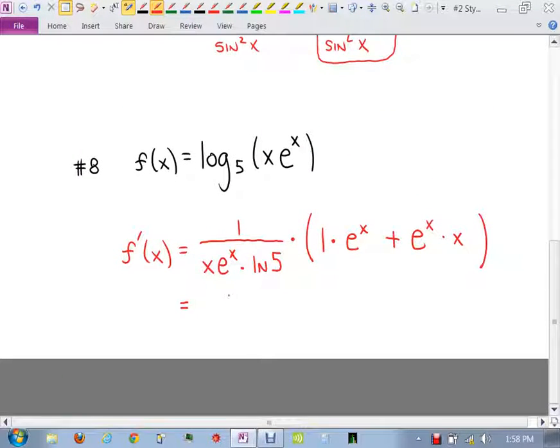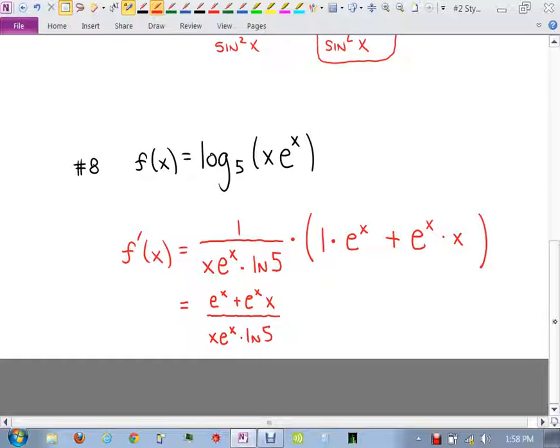Which is e to the x plus x e to the x all over x e to the x times natural log 5. Kind of running out of room there. I just took everything in parentheses, moved it up to the numerator, just cleaned it up a little bit.